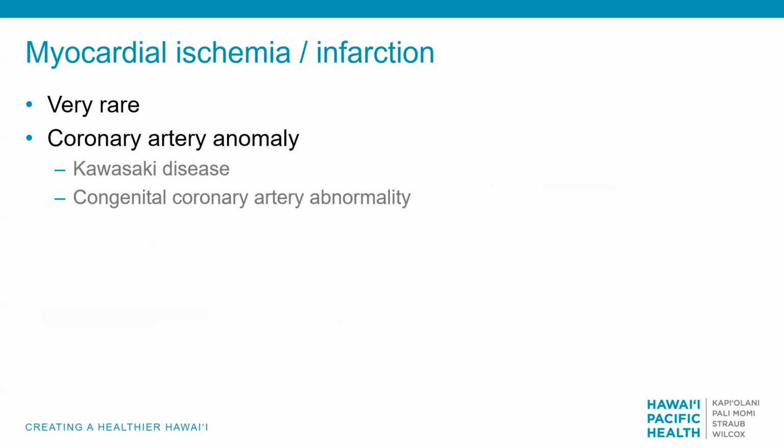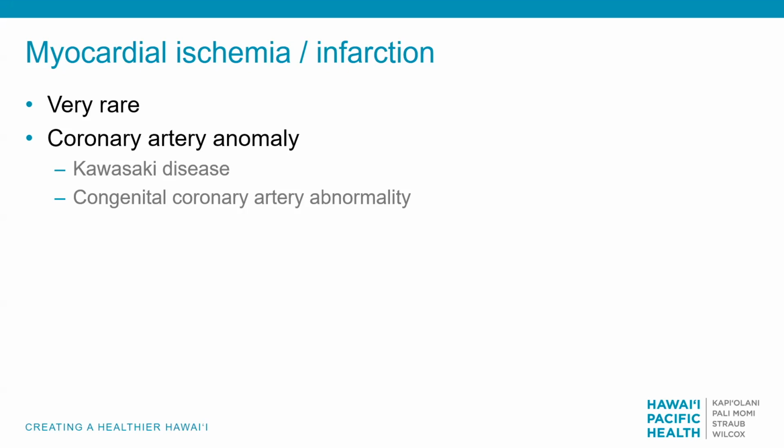So I will still put Kawasaki disease there. And the super rare congenital coronary artery abnormality. If you think about this, Kawasaki disease comes with a full picture, febrile, all that jazz. So it's very rare to miss that.